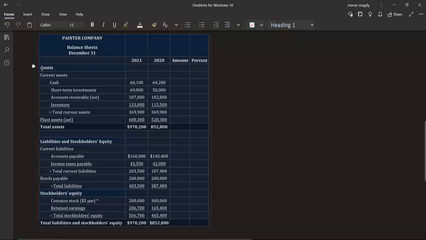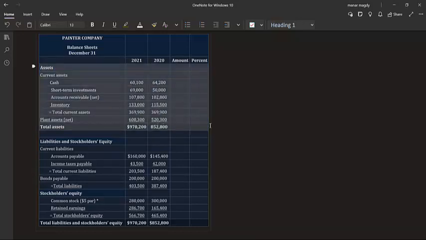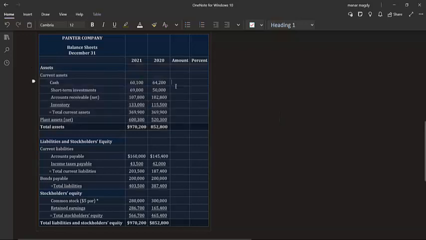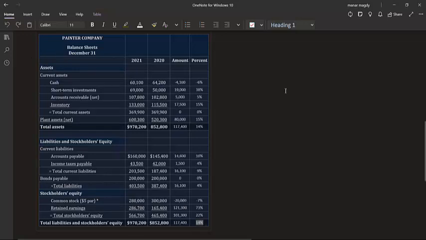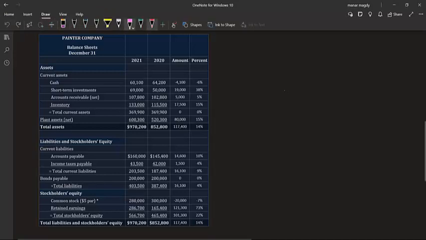Here, for example, we're going to start with the asset accounts in this area. The first account we've got here is cash. In year 2020 it was 64,200, and in year 2021 it decreased by 14%. A quick review: how can we calculate the amount of change?